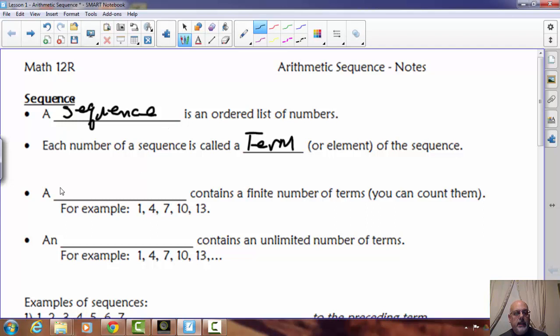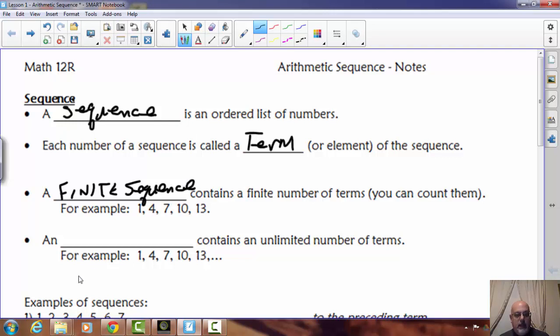So a finite sequence contains a finite number of terms. You can count them. In some math classes, they may call it a countable set. You can count the number of elements in the set.